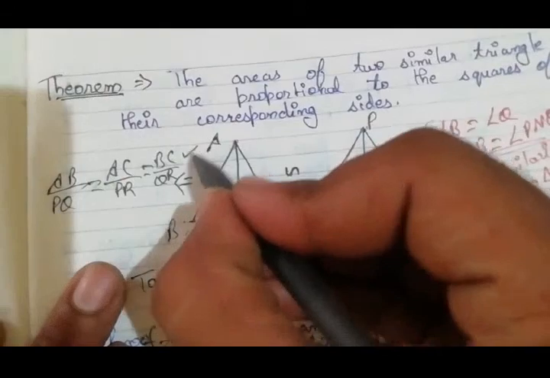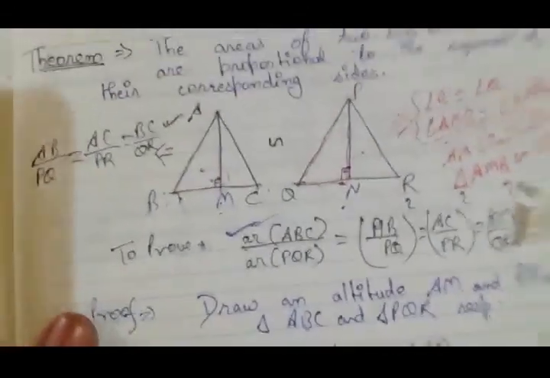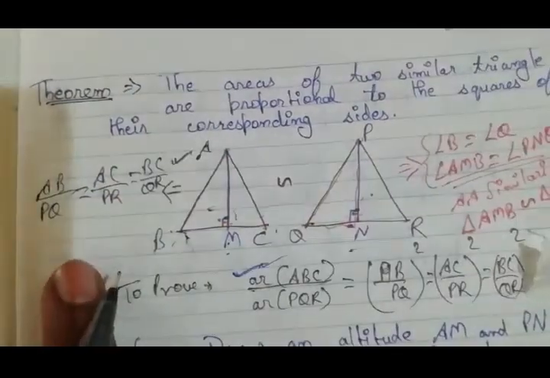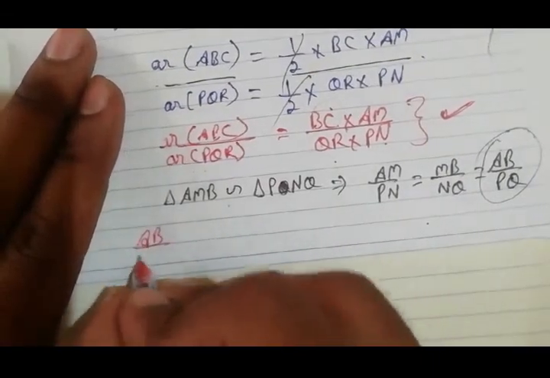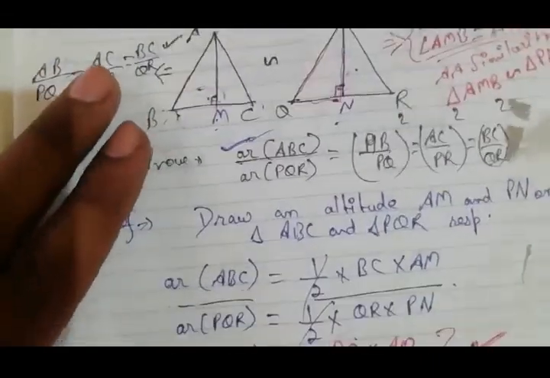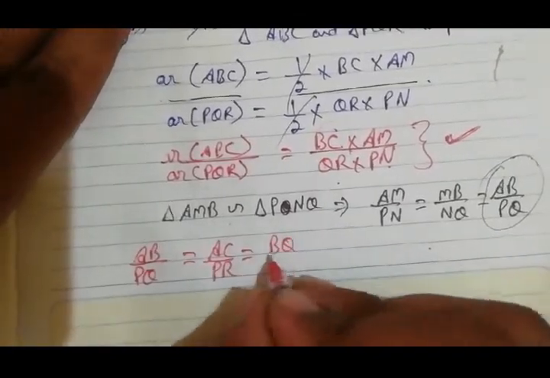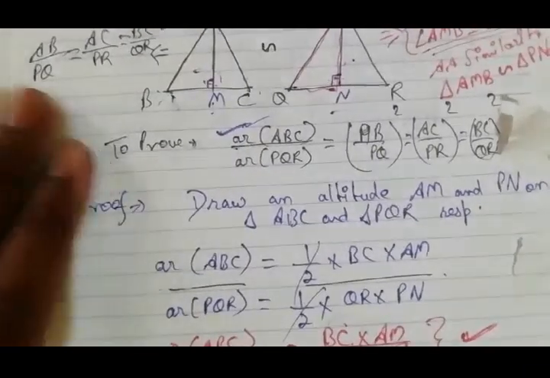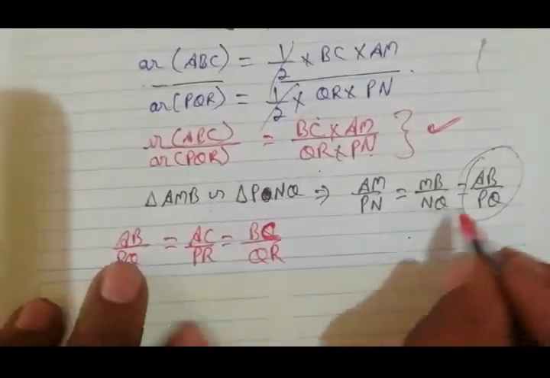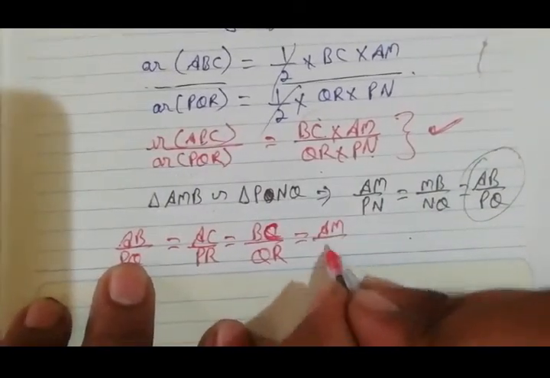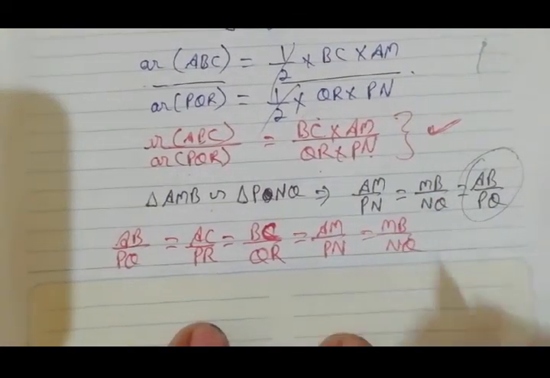Okay, so by this and by this, look, it is also equal to AB upon PQ. So together what we can write here is that AB upon PQ is equal to AC upon PR is equal to BC upon QR. Okay, and look, it can also be written as AM upon PN is equal to MB upon NQ.